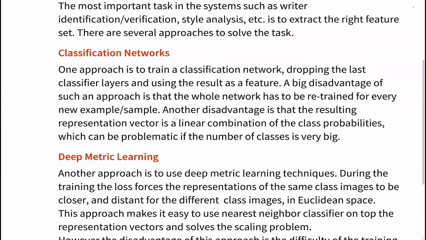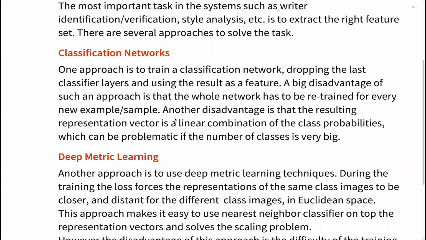Again, here we have more than one approach, and the first trivial approach that can come to mind is the use of classification networks. We could take a classification network, drop the last layers for the actual classification, and use the output as our feature vector. Well, this could theoretically work, but there is a huge disadvantage here.